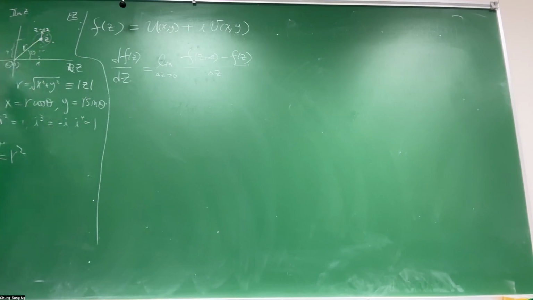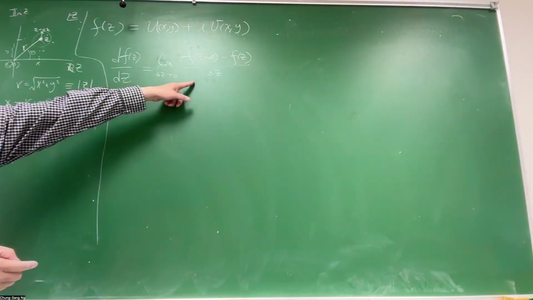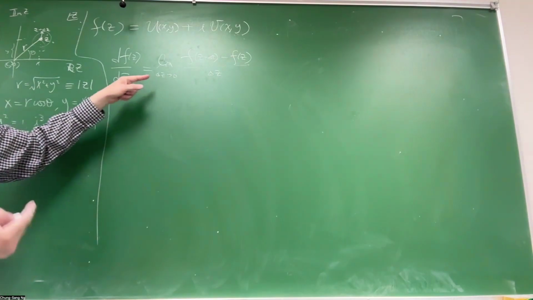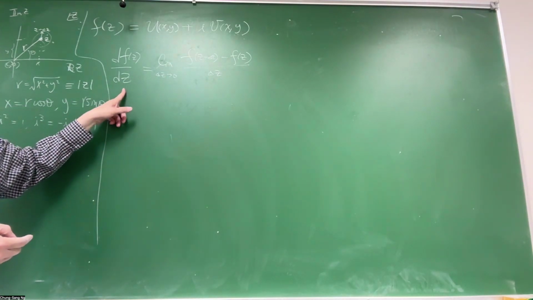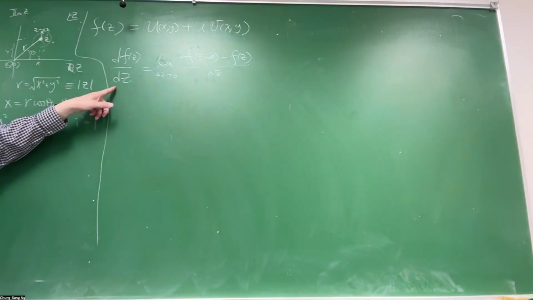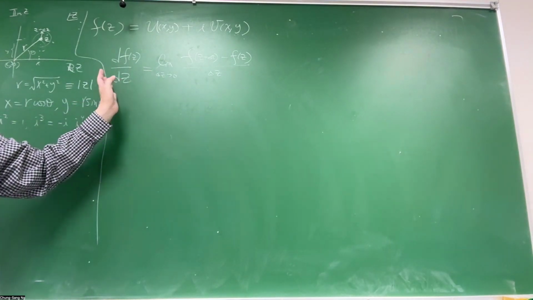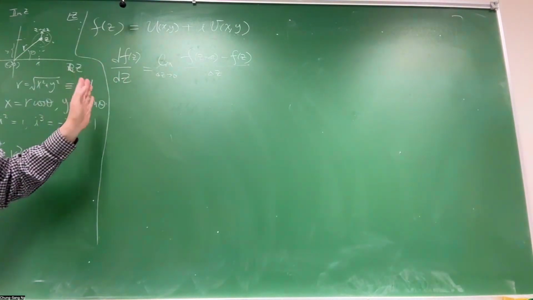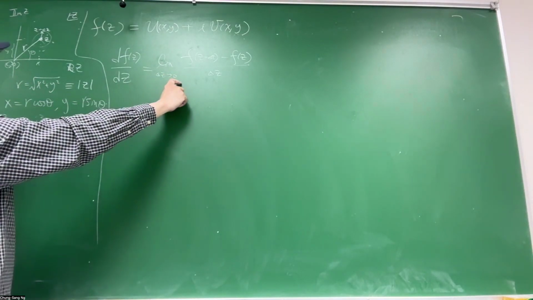Delta z can approach 0 from different directions. Okay, so if this limit depends on how you approach 0 from different directions, then obviously this object does not exist. So the derivative will not be well defined if this limit depends on the angle of approach, because this just specifies delta z going to 0.